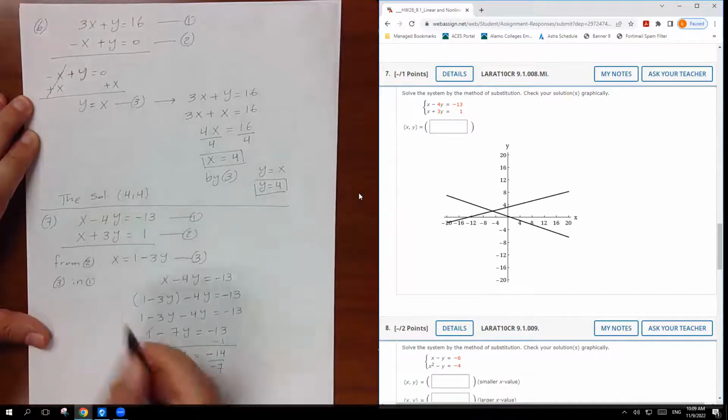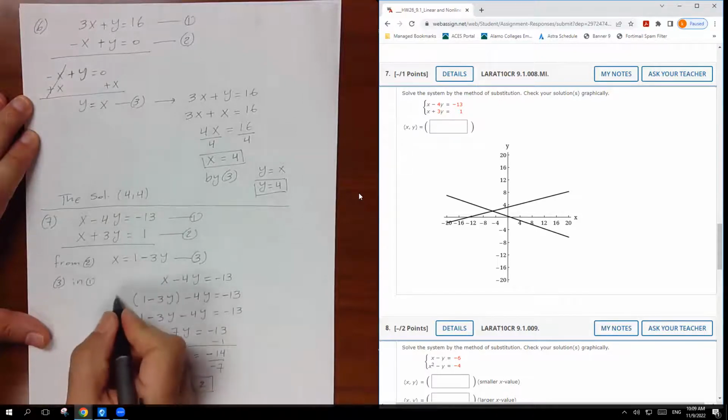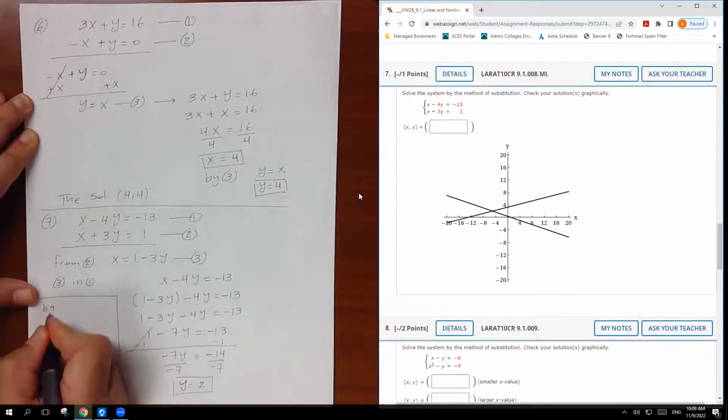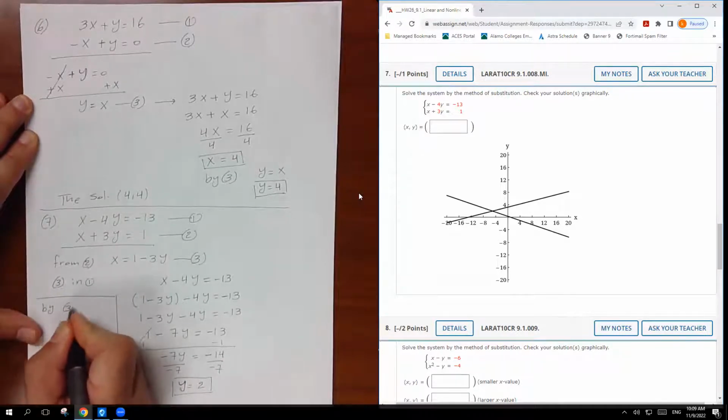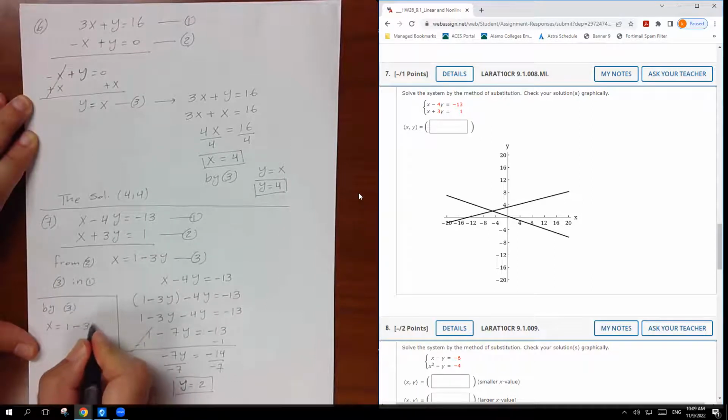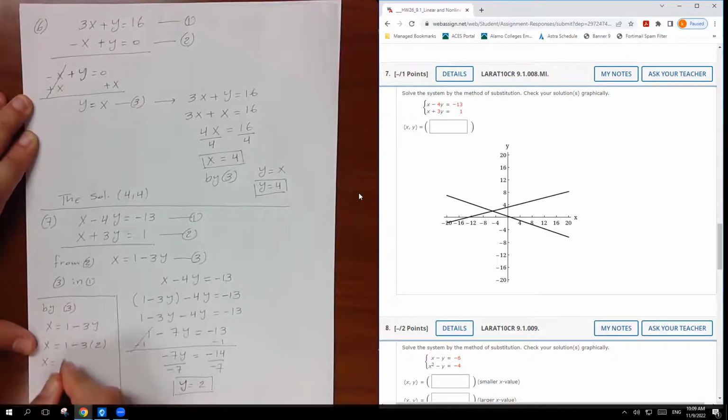So now we have the value of y equal to 2. We plug this into equation 3, where x equals 1 minus 3y. That means x equals 1 minus 3 times 2, so x equals 1 minus 6. That means x equals negative 5.